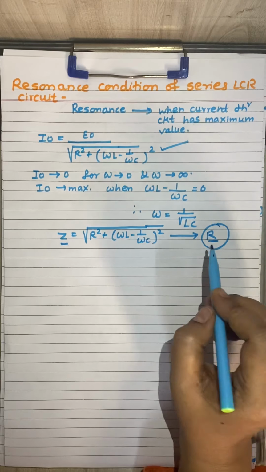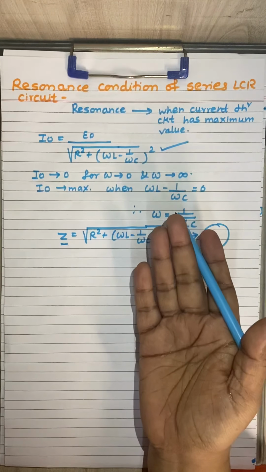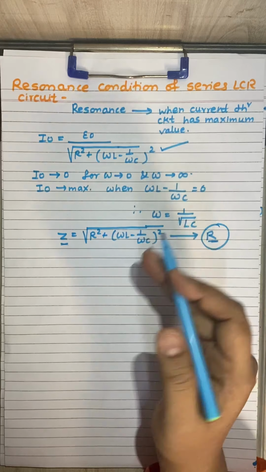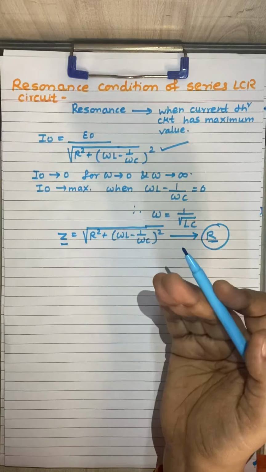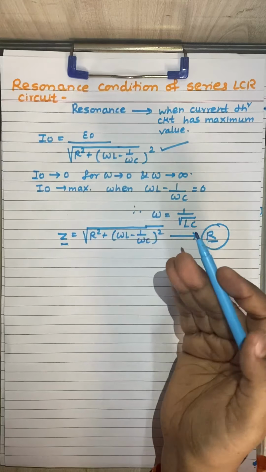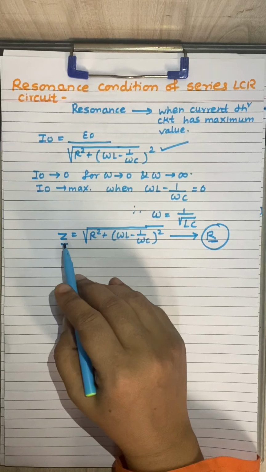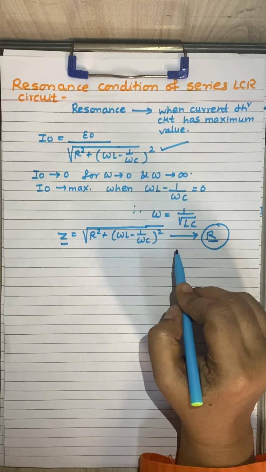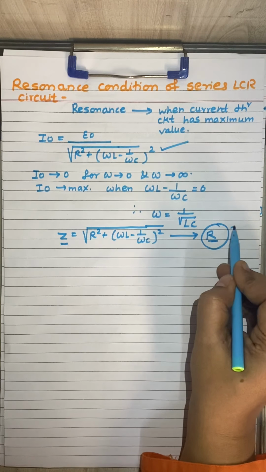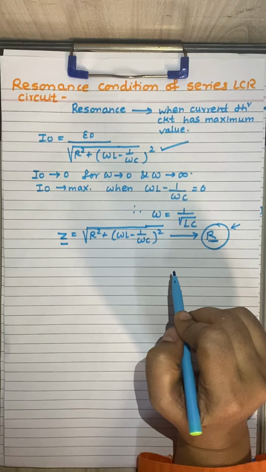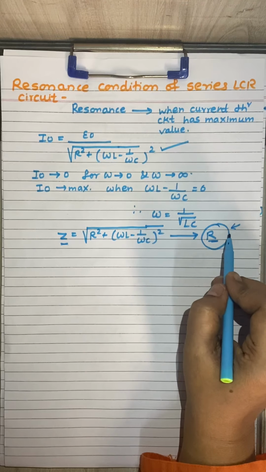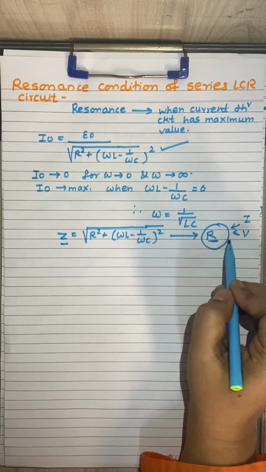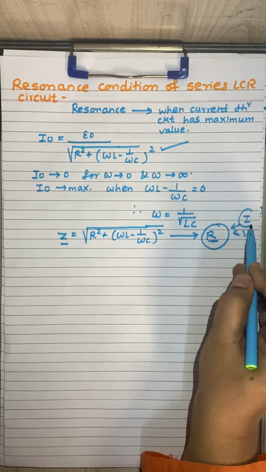Because the impedance is equal to R, there is no inductive reactance and no capacitive reactance, and therefore the overall effective resistance becomes very less, equal to R. The current and the voltage are in the same phase for this purely resistive circuit, and therefore the current becomes maximum.